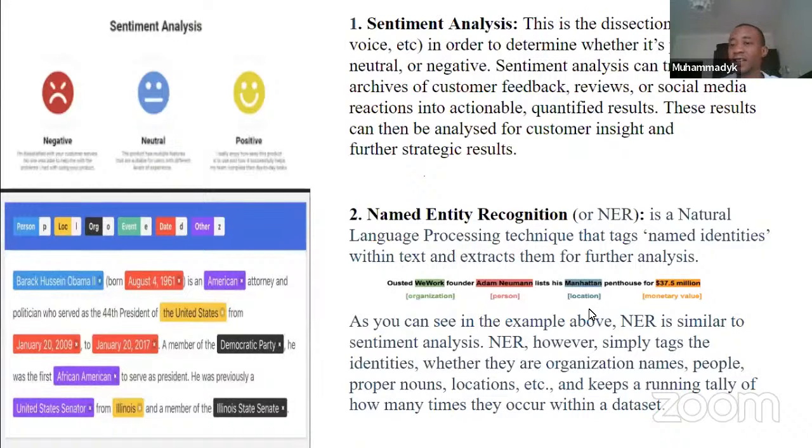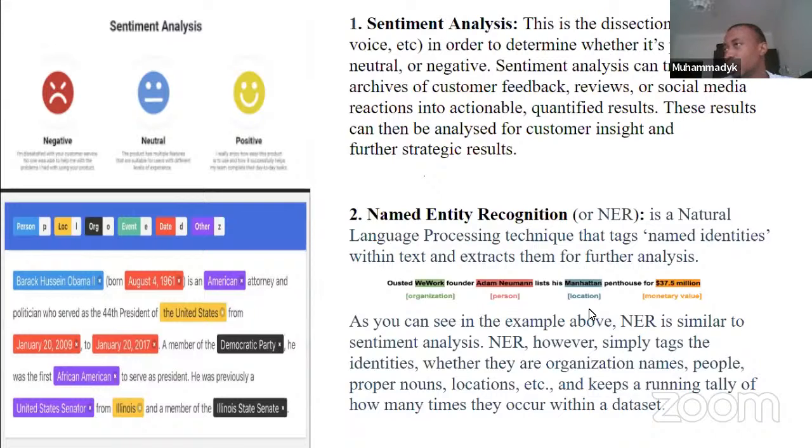So this is the dissection of the data in order to determine whether it's positive, neutral, or negative. So sentiment analysis can transform a large archive of customer feedback, reviews, or social media reactions into actionable and quantified results.